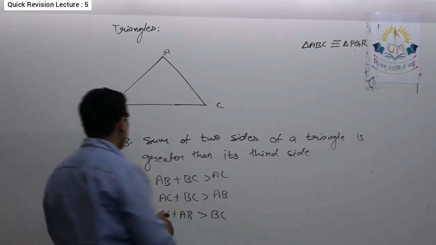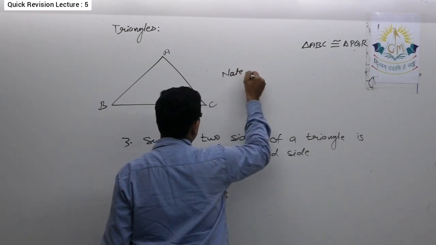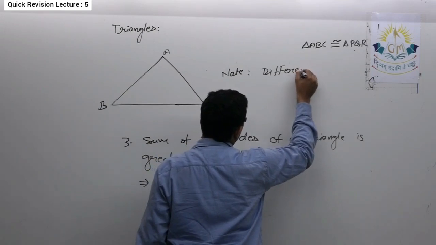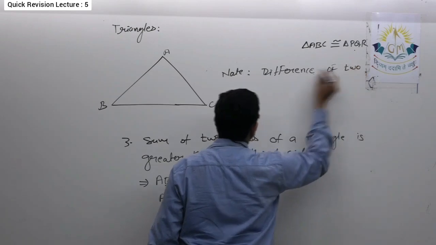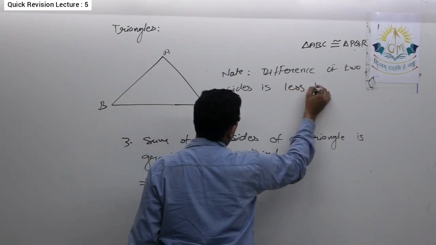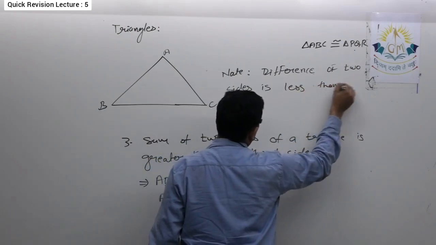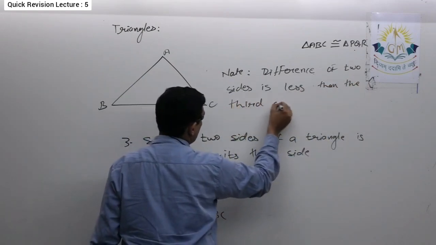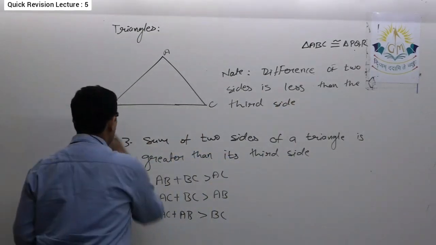This also gives you one result: the difference of two sides is less than the third side.